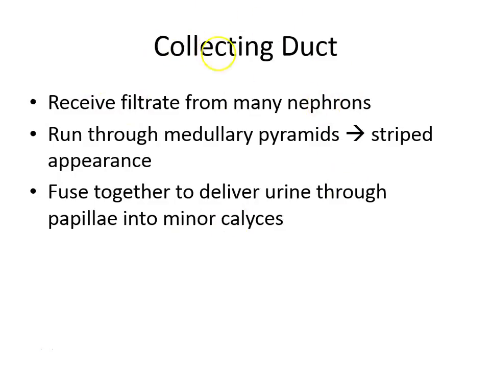So one collecting duct will take urine from several different distal convoluted tubules. And these run through those renal pyramids, and that's what makes it look a little bit stripy. And then by the end of that, we've got urine. It goes from the papillae into the calyces. It's done being altered.